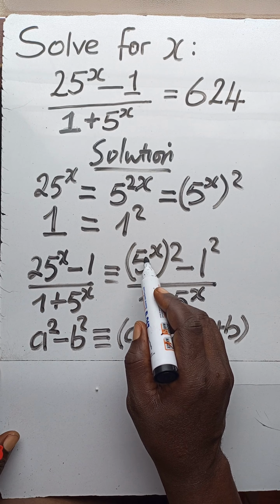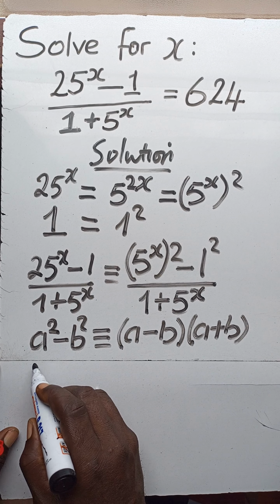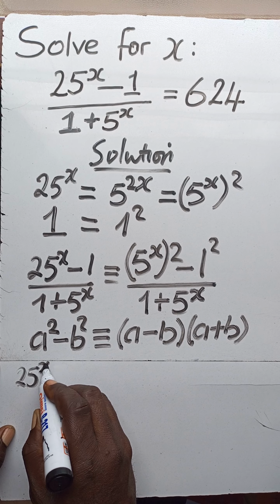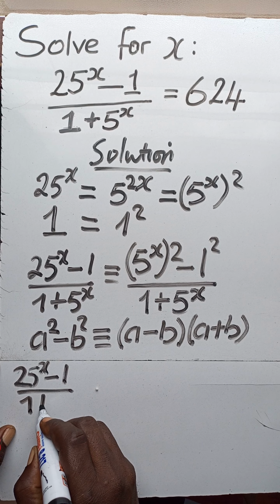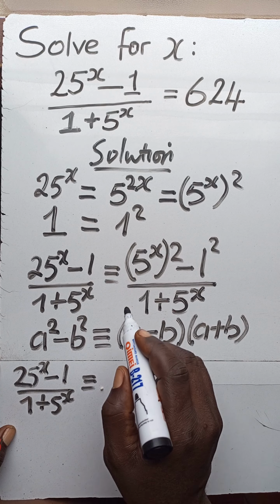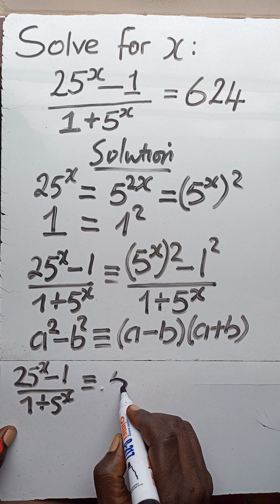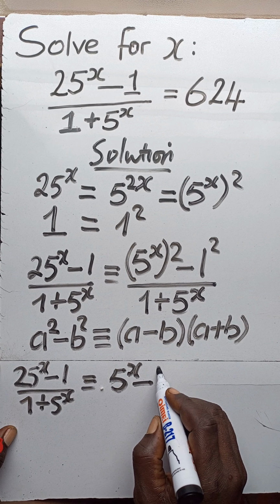Our a here will be 5 to the power x, and our b will be 1. All right, so we say 25 to the x minus 1 all over 1 plus 5 to the x will be identically equal to, let's apply now this, wherever we see a, we'll put 5 to the x, 5 to the x minus, wherever we see b, we'll put 1.